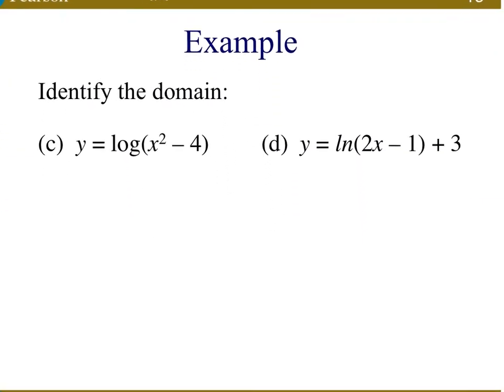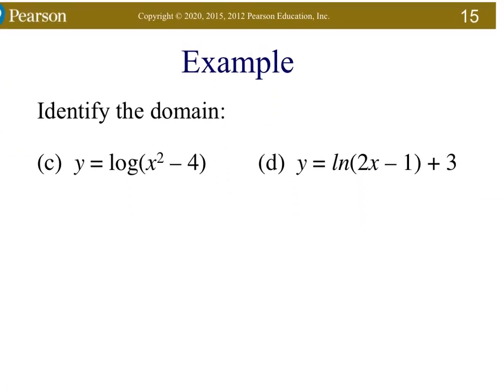Question C. It is a logarithm. So we'll be using greater than 0, and we take what's inside the logarithm, x squared minus 4. We're going to add 4 to both sides. So x squared should be greater than 4. And now we use a plus minus.